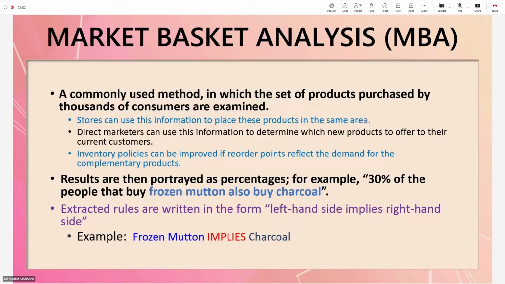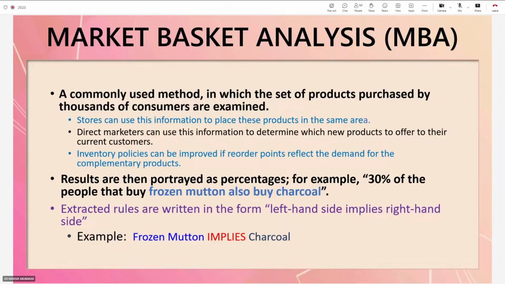They use the result to take decisions. Since these two different items are being bought at the same time, they can rearrange their shelves, so that near the frozen meat is the shelf where you can take charcoal. So that is the essence.